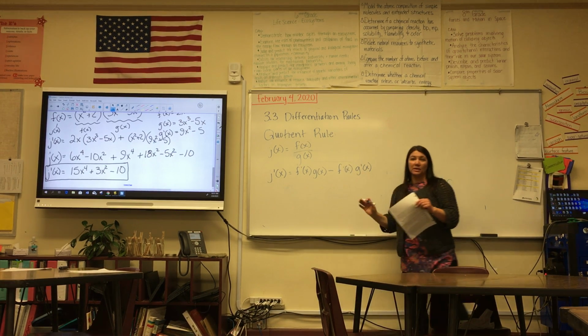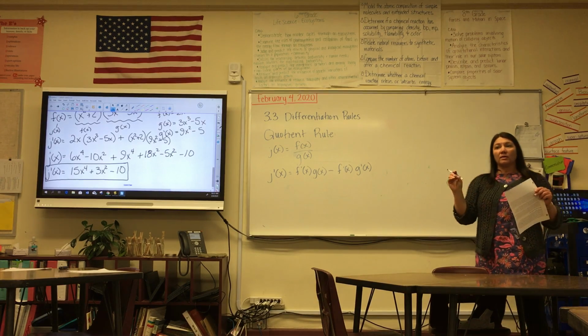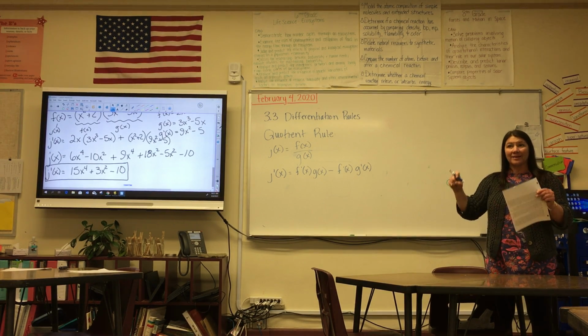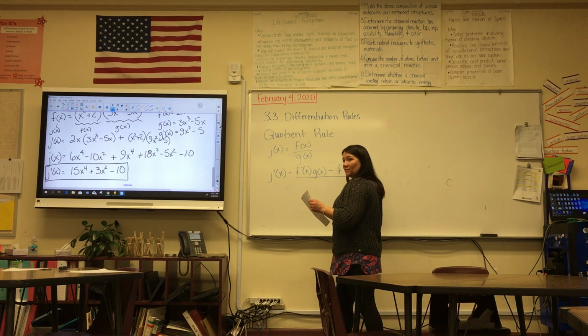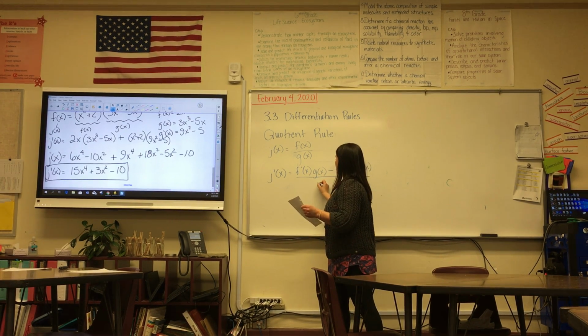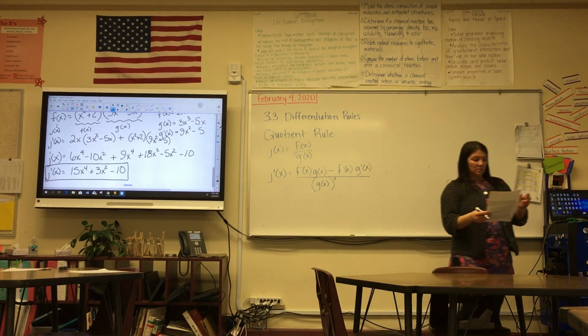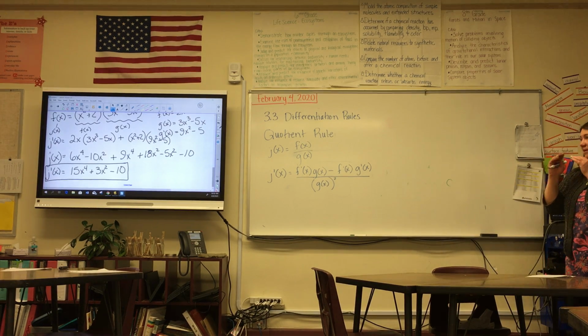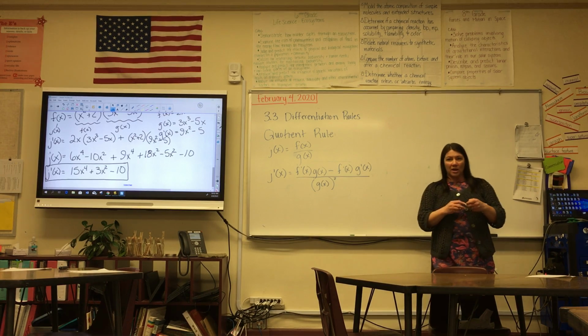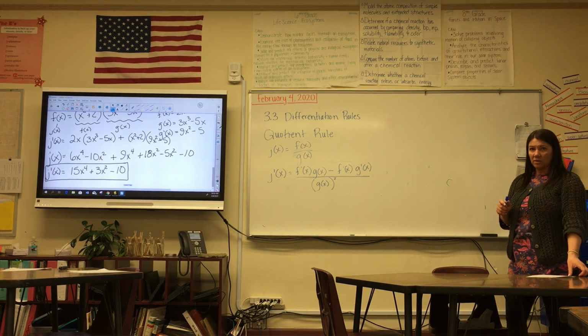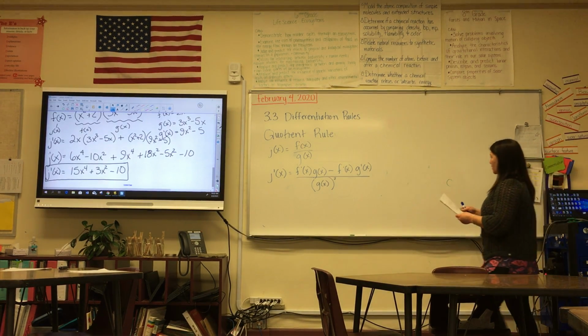So just like we did with the product, except that we're subtracting, and we have to divide by g of x squared. So you're going to take that original denominator and square it, and that becomes your denominator for your derivative. Okay?